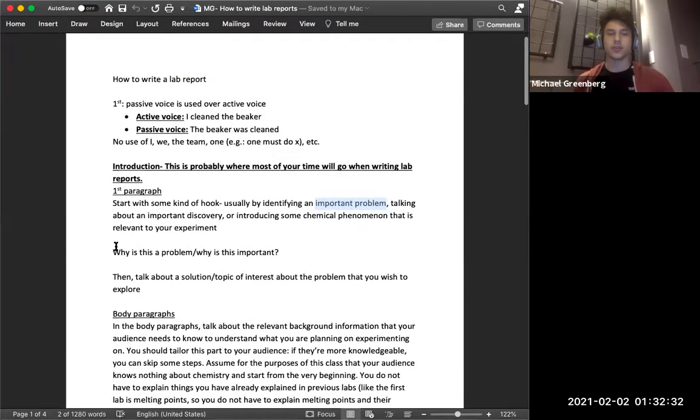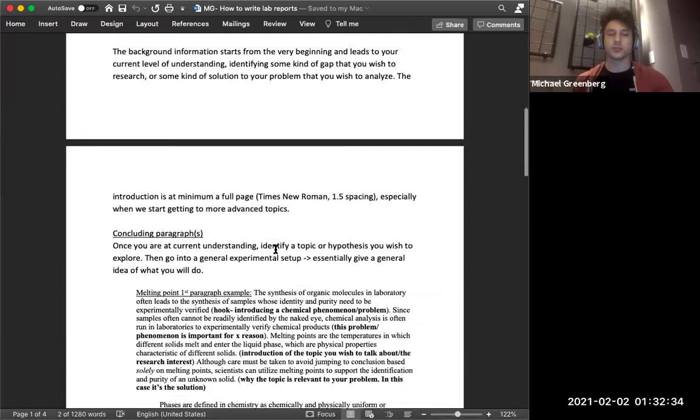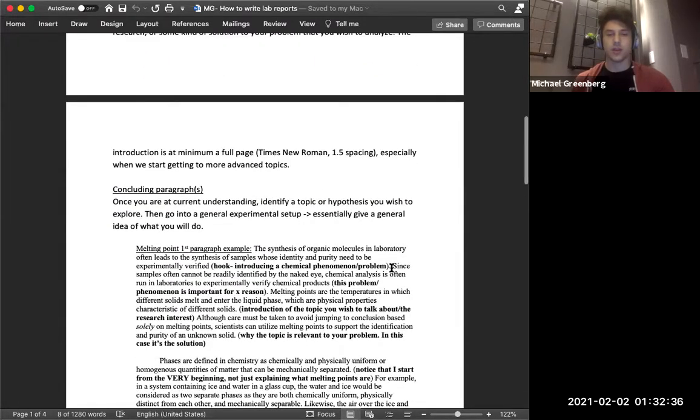Okay, so why is this a problem? Well, since samples often cannot be readily identified by the naked eye, chemical analysis is often run in laboratories to verify chemical tests. And so this is why it's important, because we need some kind of test to verify what we're looking at.